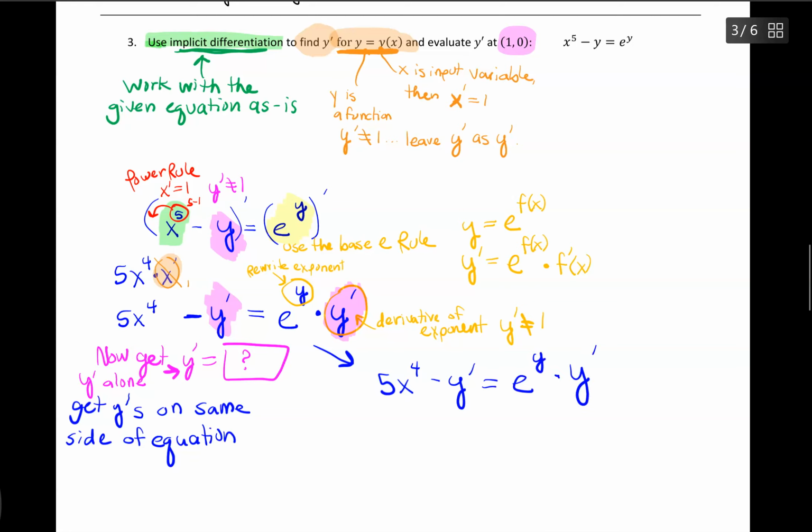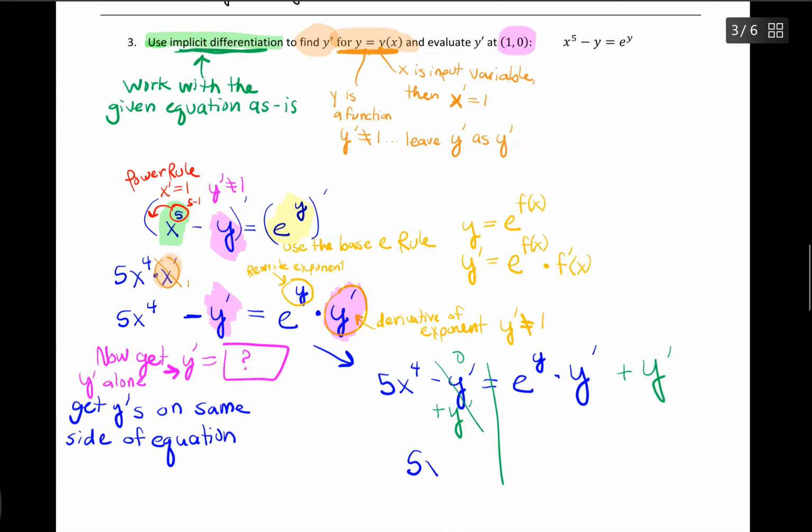It doesn't matter what side you get them on, but the easiest thing I think to do in this case would be just add the y prime on the other side, so I don't have to relocate the 5x to the fourth.